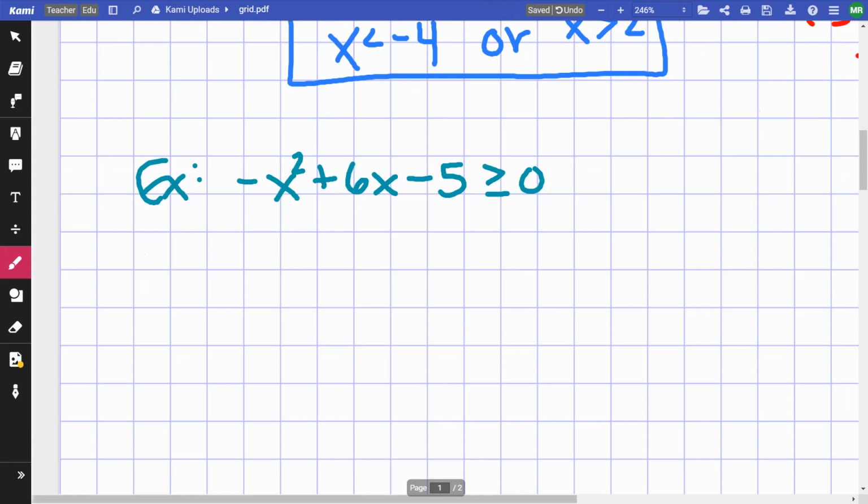Now for this, I never like to have a negative in front of my x squared when I have to solve it. I like it to be a positive.